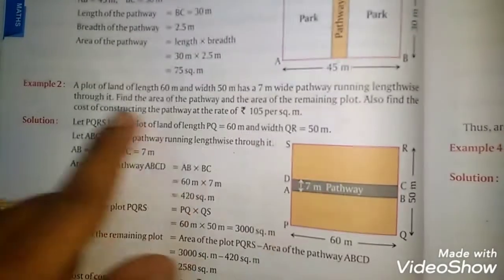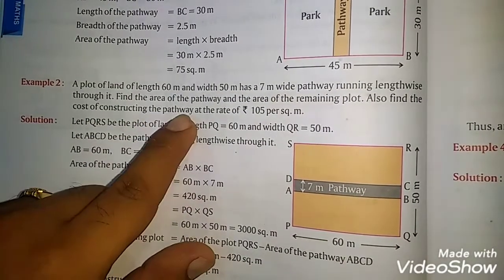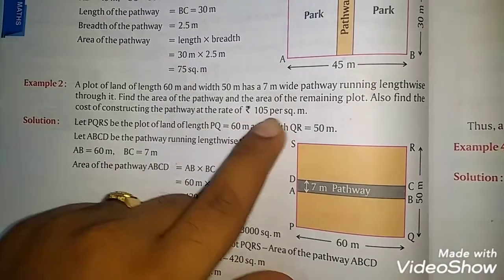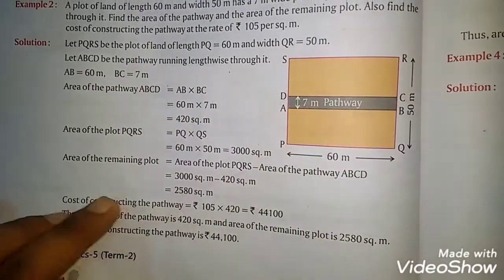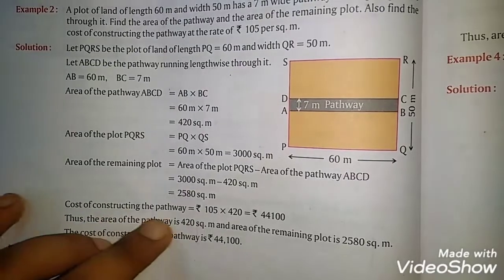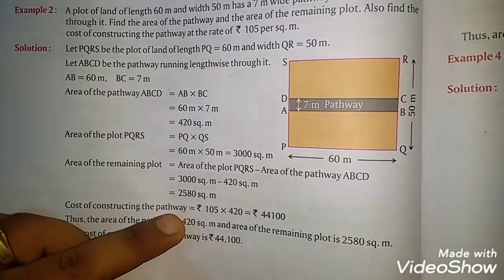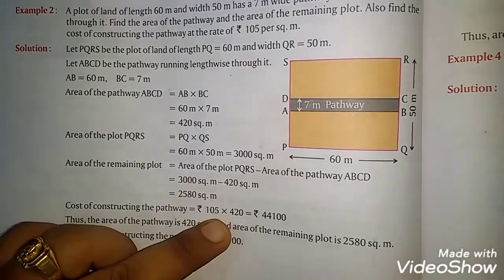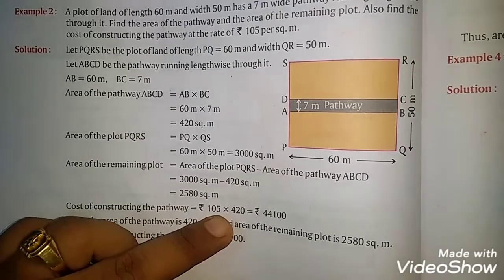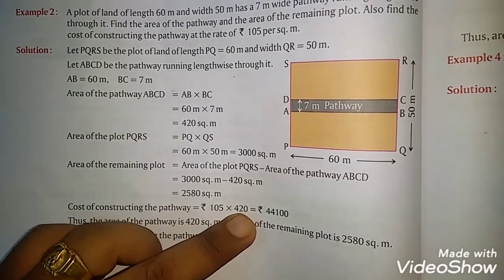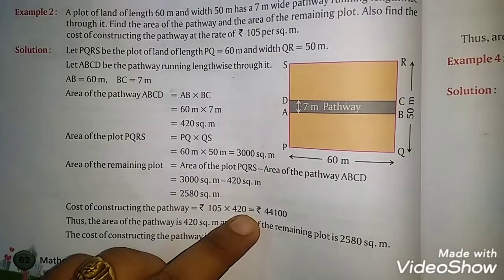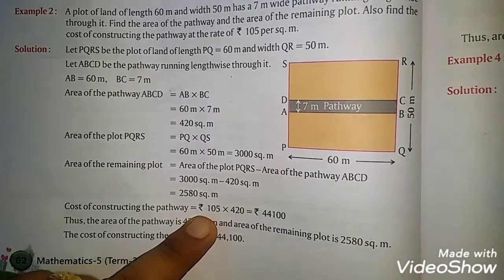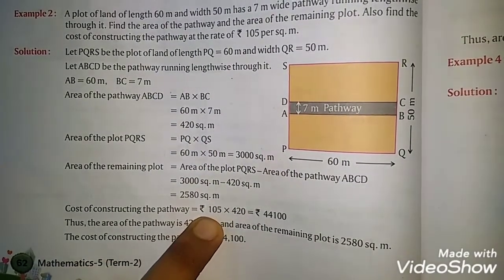Now what is further asked: also find the cost of constructing the pathway at the rate of 105 per square meter. See what is written here. If we have to find the cost of constructing the pathway, we will simply multiply the area of the pathway, 420, with the rate of that pathway.